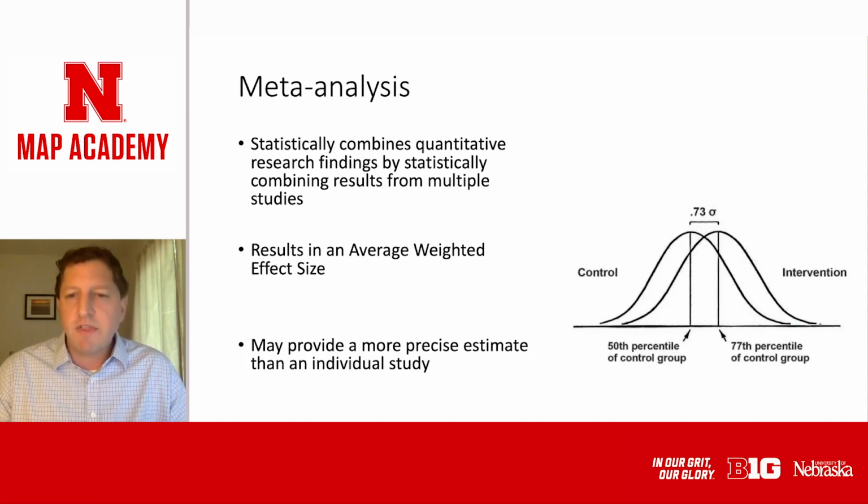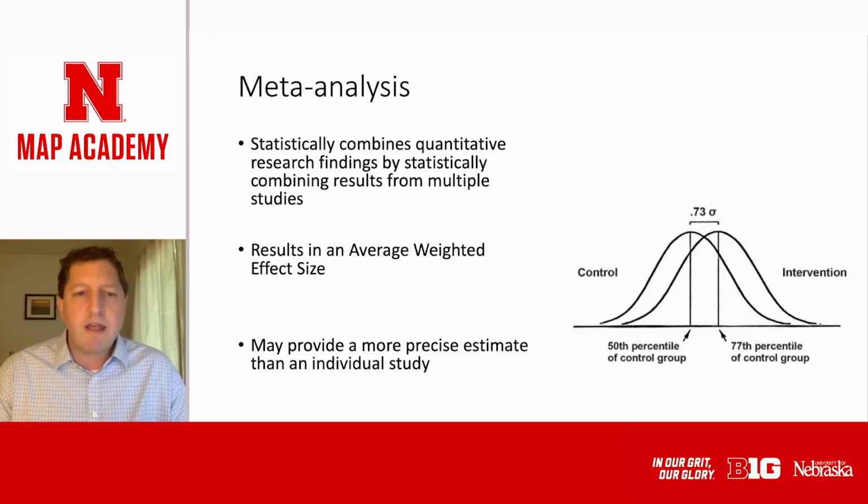Essentially what that means is if a student was at the 50th percentile and they received this intervention and realized this effect, they would then be at the 77th percentile of the control group. So that gives us a magnitude and a direction that allows us to see whether or not a difference was made with this treatment.